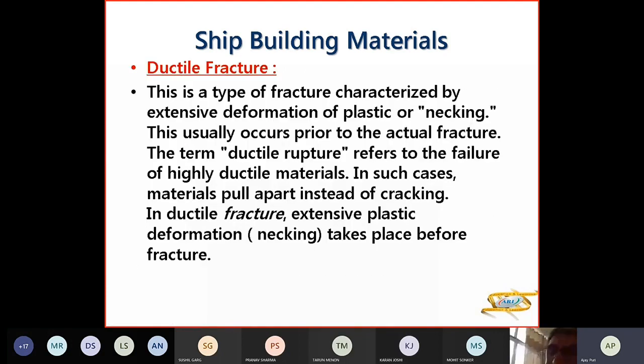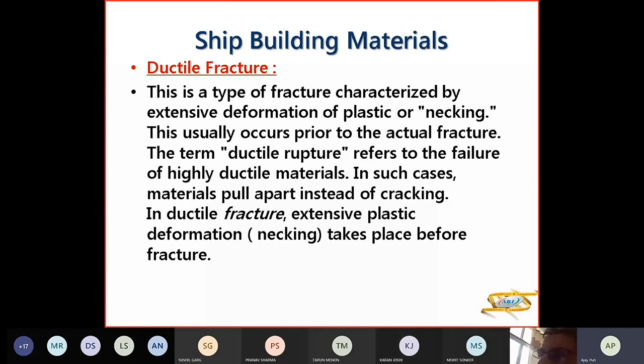So now we'll do the ductile fracture. This type of fracture is characterized by extensive plastic deformation or necking, and this usually occurs prior to the actual fracture. The term ductile rupture refers to the failure of highly ductile material, and in such cases the material pulls apart instead of cracking.